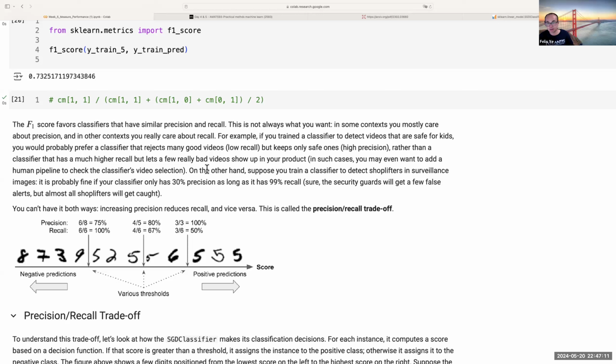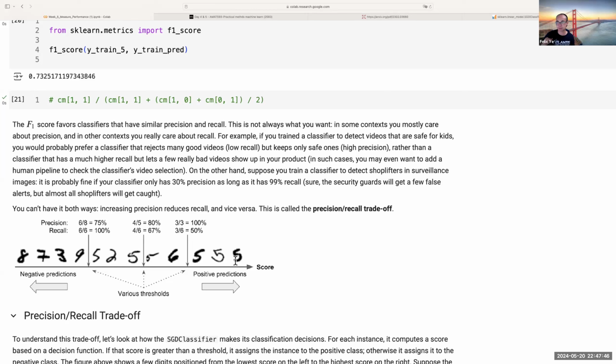On the other hand, if you want to train a classifier to detect shoplifters in images, it's probably fine that your classifier only has 30% precision as long as it has 99% recall, because you should set your threshold a little bit lower, so you can be sure you are getting all these images. It's okay to have several false alarms, but you want to get all these shoplifters caught.